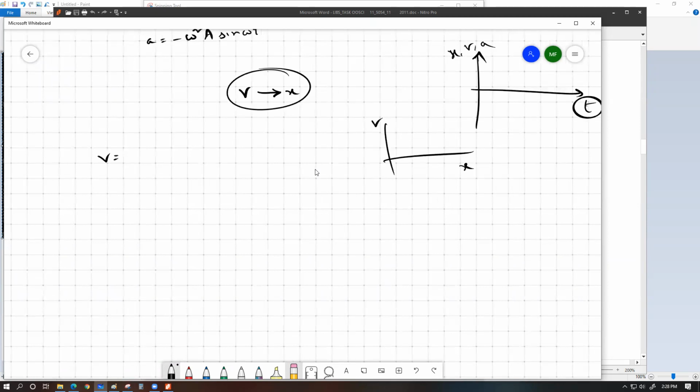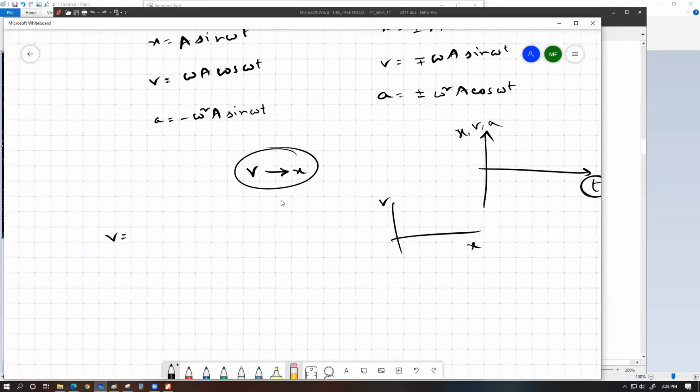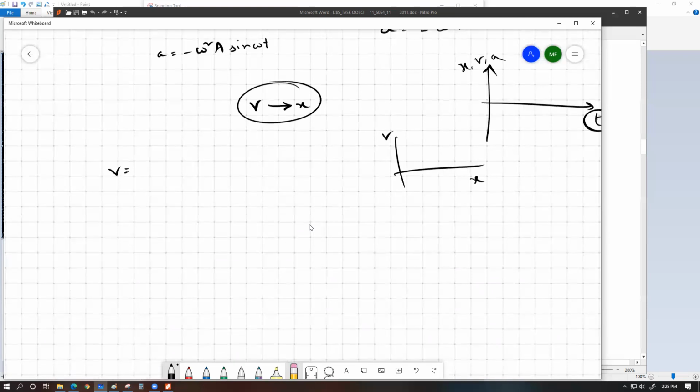Let's say v is given by choosing the very basic one, this one, omega A cos omega t. So what I'm going to do, I'm going to give plus or minus root over omega square A square sine square omega t.